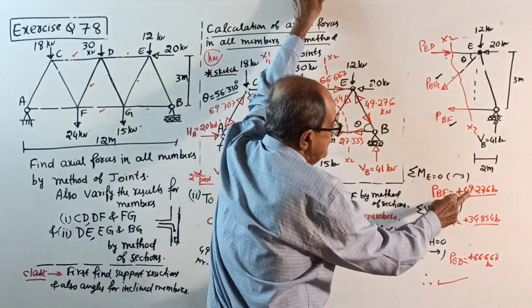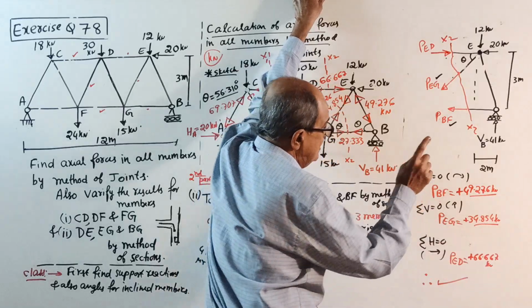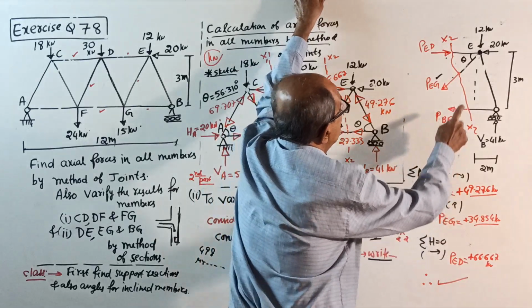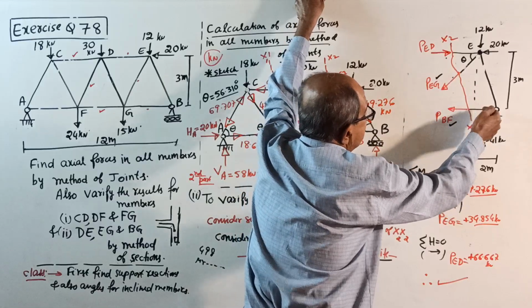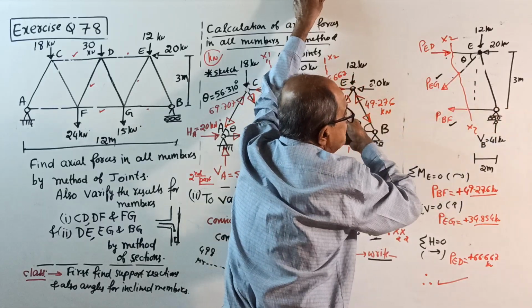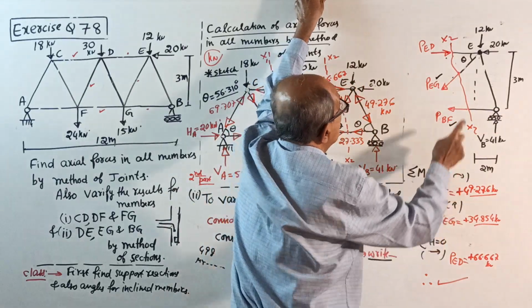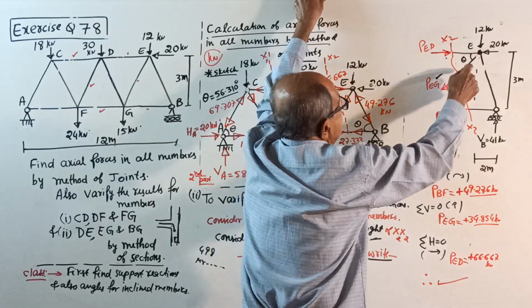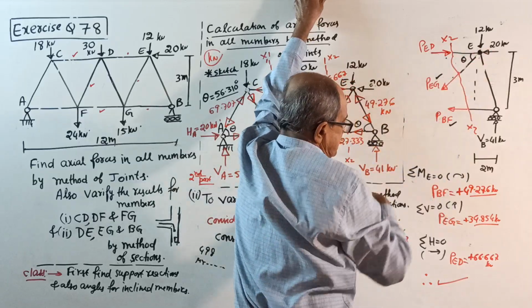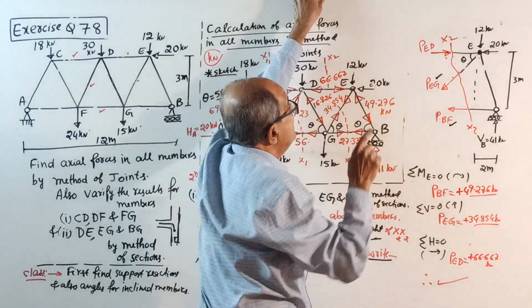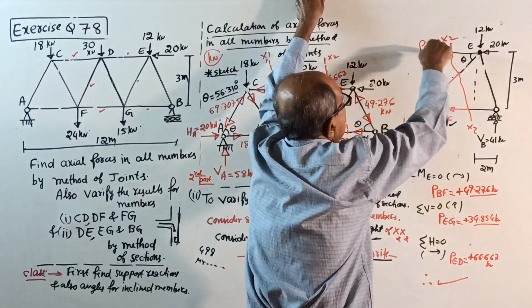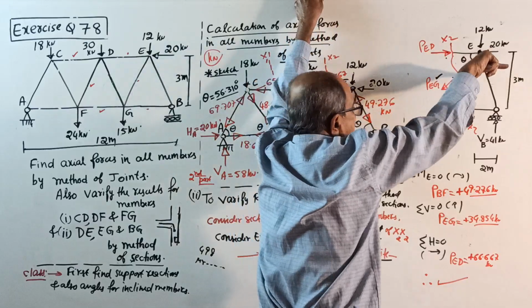Therefore, this plus is not tension or compression. Axial force for BF is going away from the joint. Positive came, tension. Axial force for EG, going away from the joint. Plus came, tension. Axial force for ED, we considered coming to the joint.